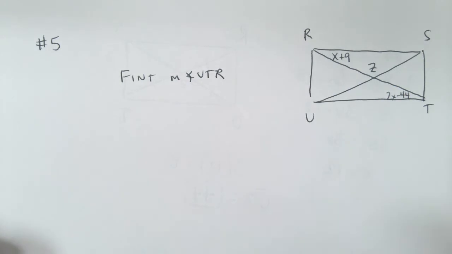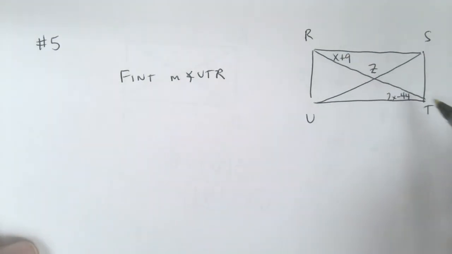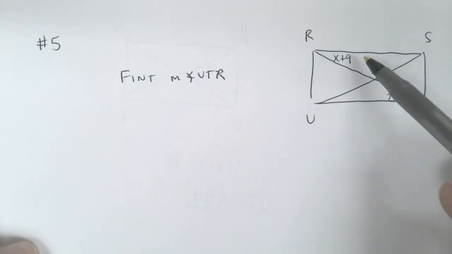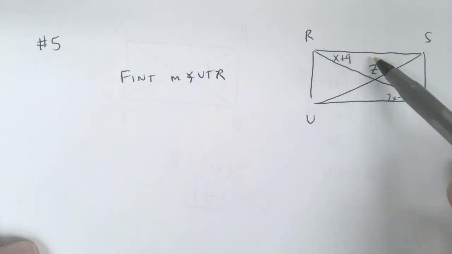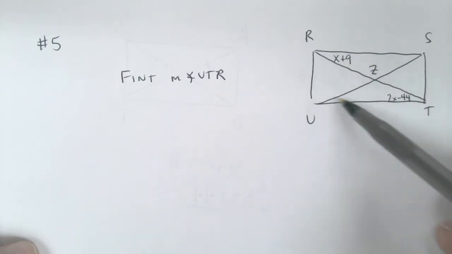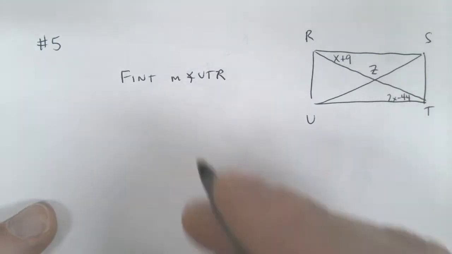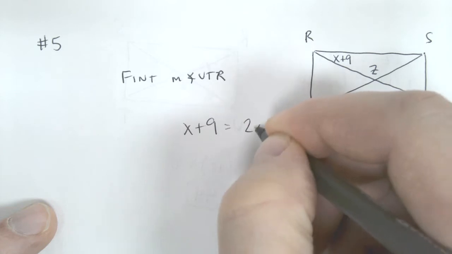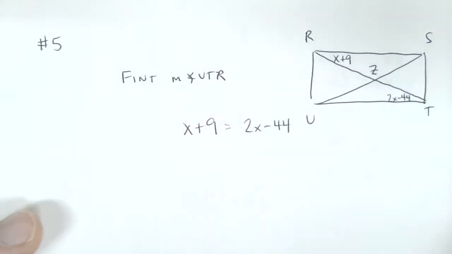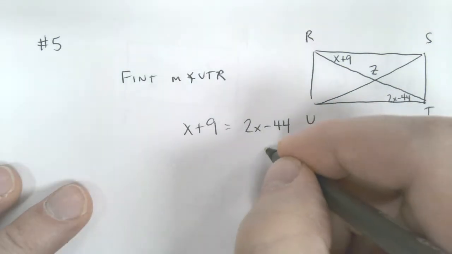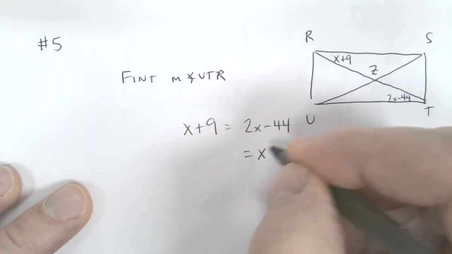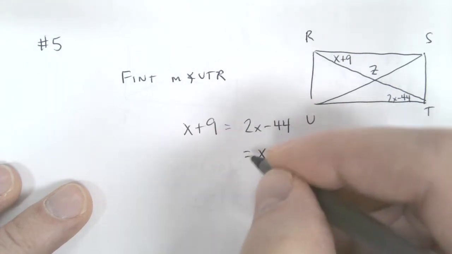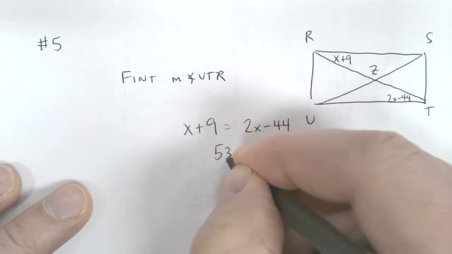Okay, so for number 5, they're telling us that angle SRT is x plus 9 and angle UTR is 2x minus 44. These two angles are alternate interior angles, and since these lines are parallel, those have to be the same. So x plus 9 is equal to 2x minus 44. That's going to allow me to find x. If I get my x's together, subtract an x, and add 44, that's going to make x equal to 53.